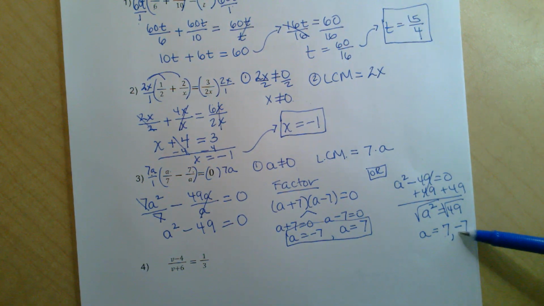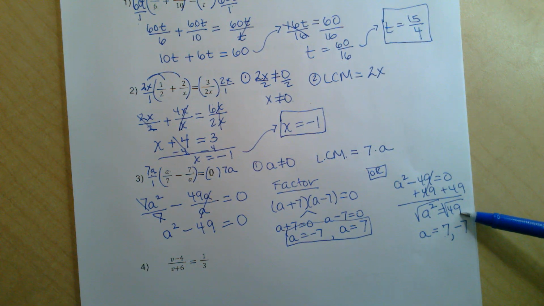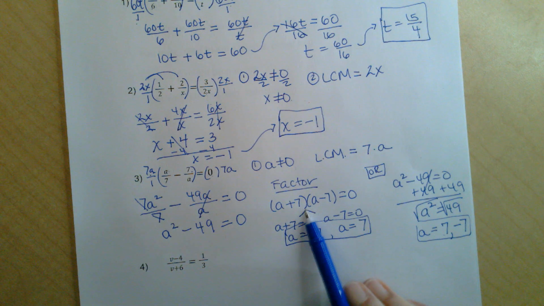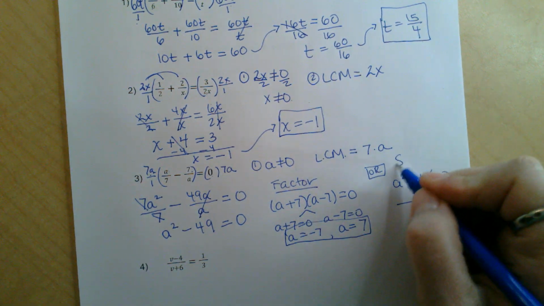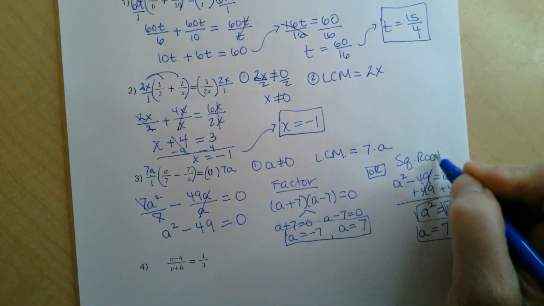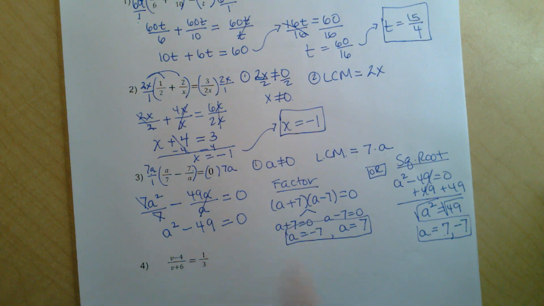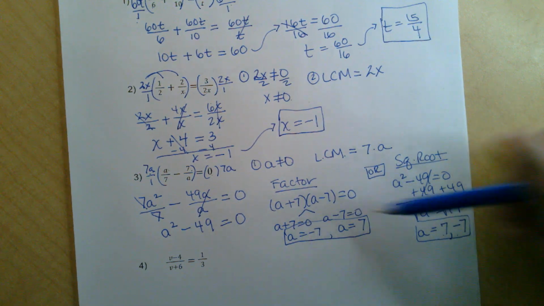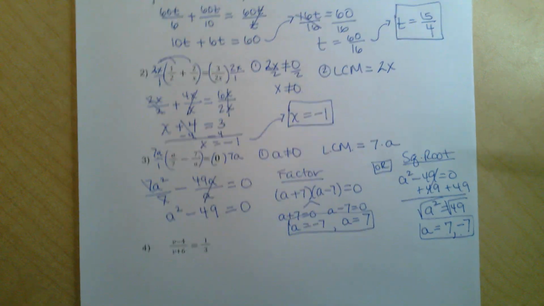Negative 7 times negative 7 is also positive 49. So you see that we do get the same answers, but a different way. This is by taking the square root, or you can factor. Either way works. Checking it against our restriction, we're fine. So either way that you want to do it is absolutely fine.